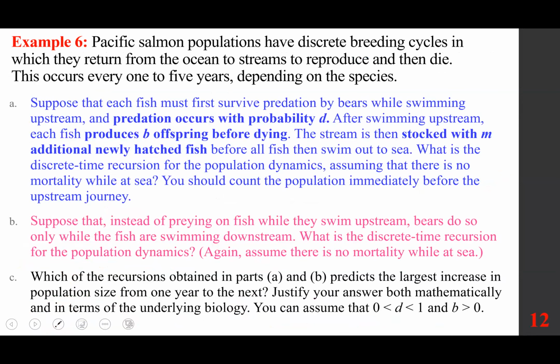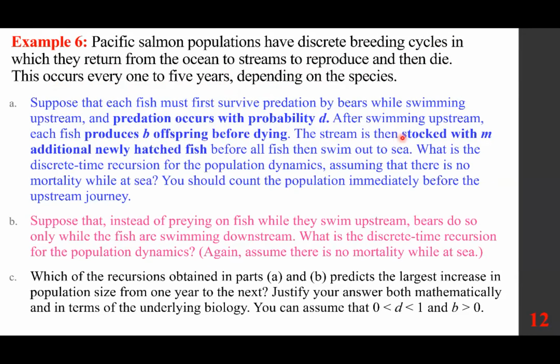Pacific salmon populations have discrete breeding cycles in which they return from the ocean to streams to reproduce and then die. This occurs every 1 to 5 years, depending on the species. Suppose that each fish must first survive predation by bears while swimming upstream, and the predation occurs with probability D. After swimming upstream, each fish produces 3 offspring before dying.